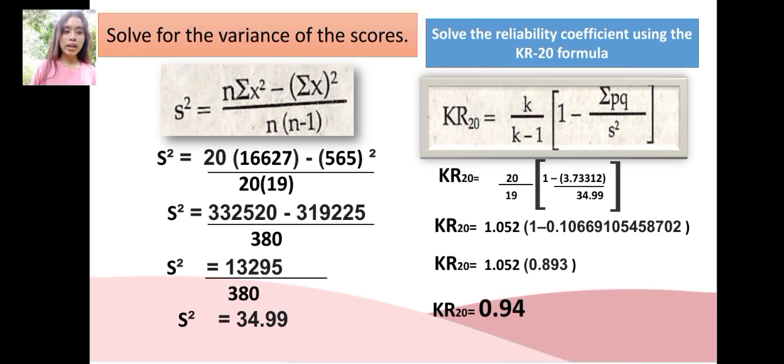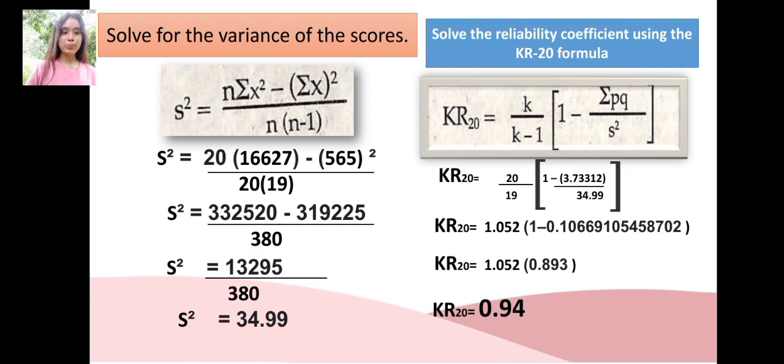Then 1 minus, with a big open bracket, just copy the 1 and the minus. And then our numerator is the summation of PQ, so we have 3.73312 over our variance, which is 34.99. Are you following?